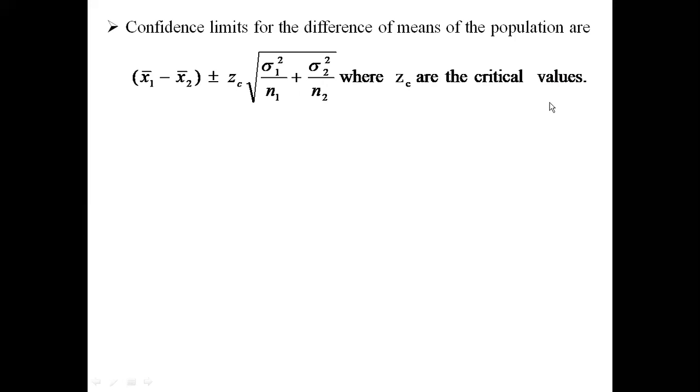We know that zc takes the value 1.96 at 5% level of significance, and 2.58 at 1% level of significance. So if we are asked to find 95% confidence limits, we will use zc as 1.96. If 99% confidence limits are asked, we can use zc equal to 2.58. Now with this, we can start problems.